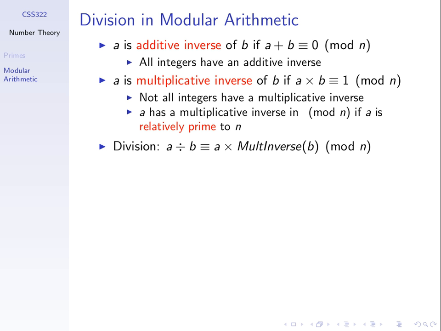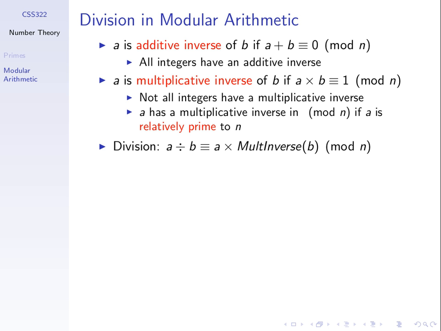It was 3. 3 and 8 are relatively prime. The greatest common divisor of 3 and 8 is 1. 5 had a multiplicative inverse in mod 8. 5 and 8 are relatively prime because the greatest common divisor of 5 and 8 is 1.